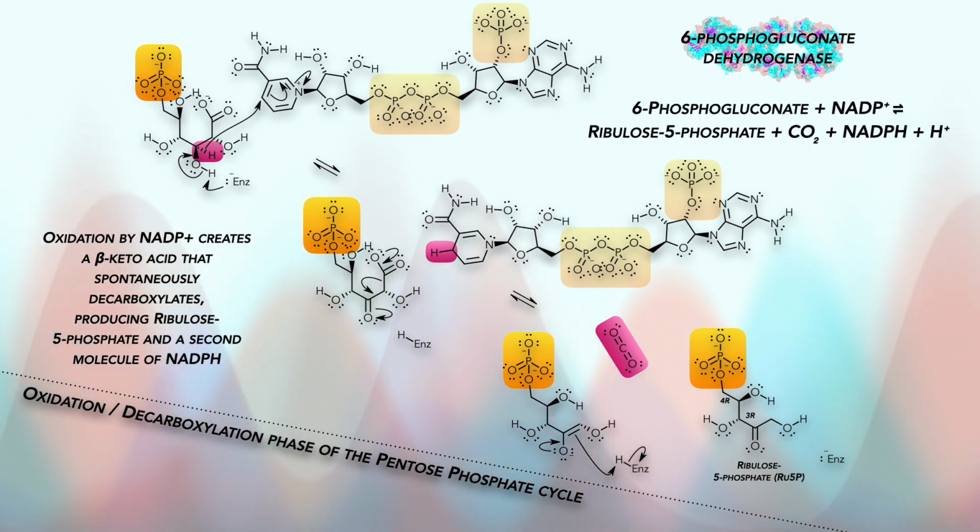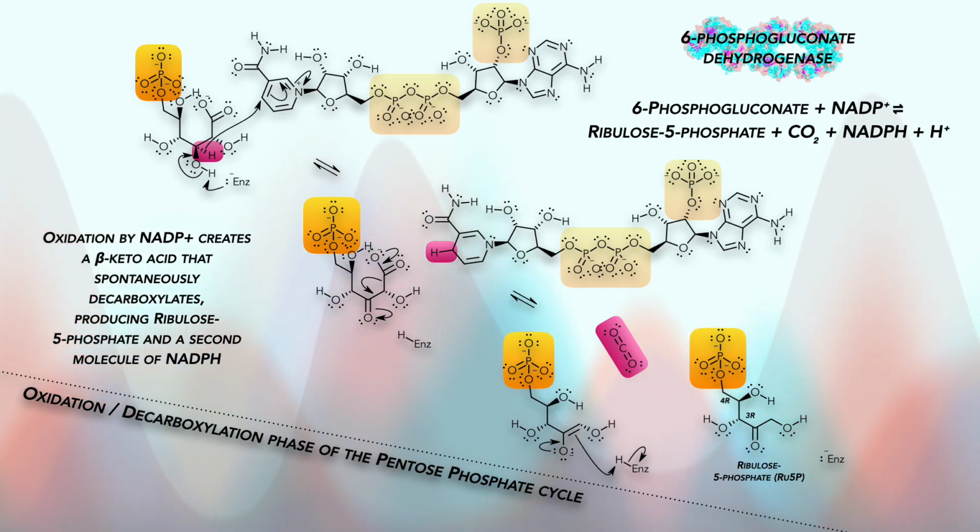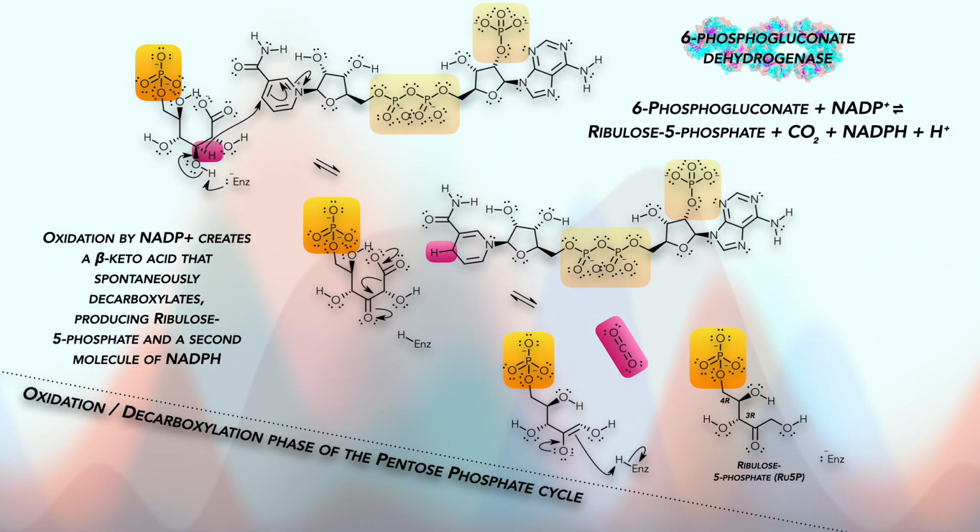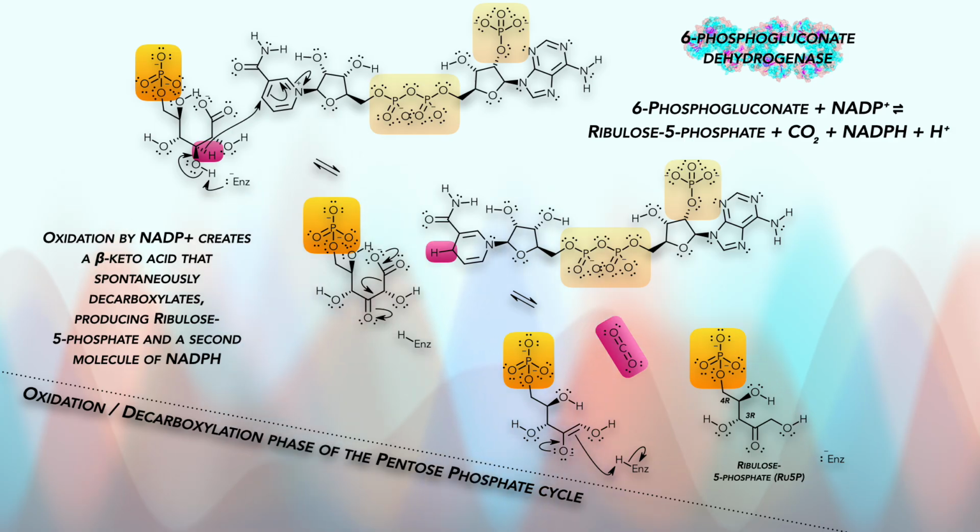Carbon dioxide leaves, generating an ene-diolate that is protonated and tautomerizes to ribulose 5-phosphate. The carbon count falls from 6 to 5. One carbon is sacrificed as carbon dioxide, but 2 NADPHs have now been produced in total, and the product, ribulose 5-phosphate, can enter the same rearrangement network we followed earlier. That closes the conceptual loop.